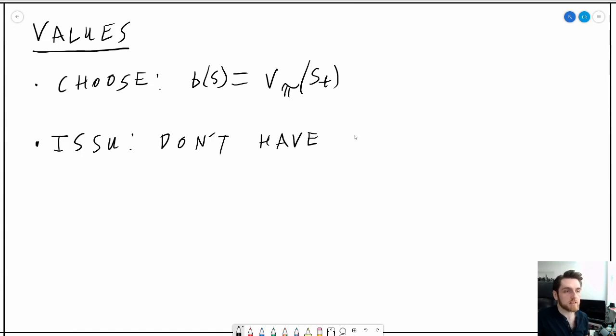So our solution to this is to introduce a second function approximation for the value, like we did in the last course.